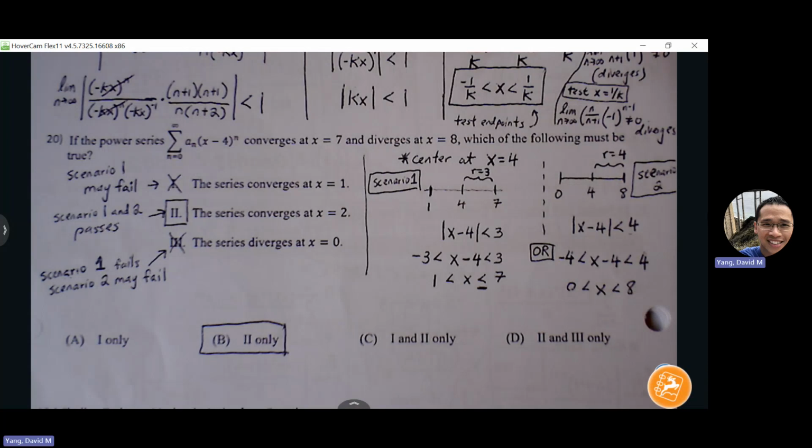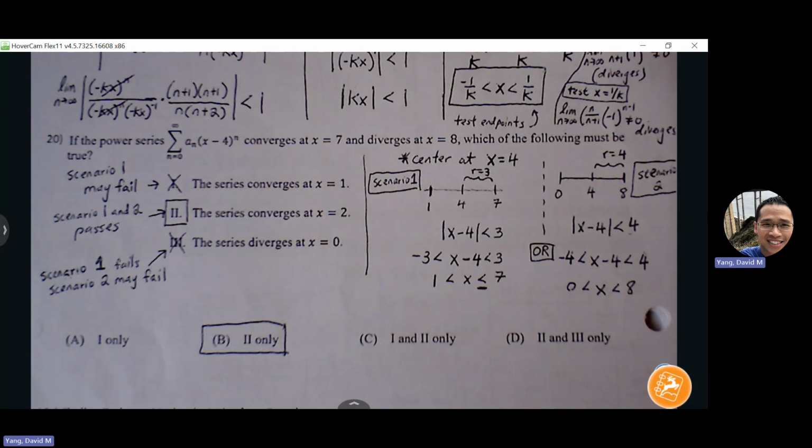Well, the second scenario, we can say that the radius, right, because you're looking at this saying, well, if it diverges at 8, then I don't have to go this far with this one.